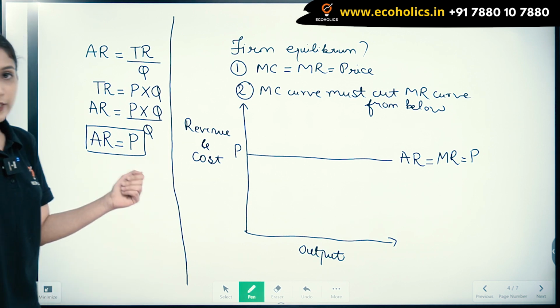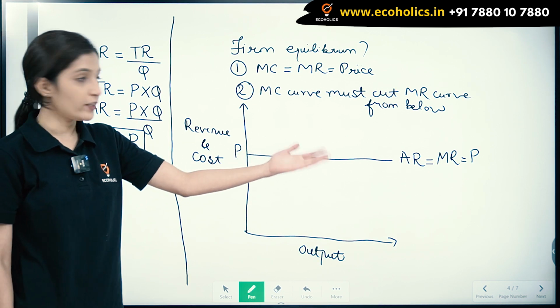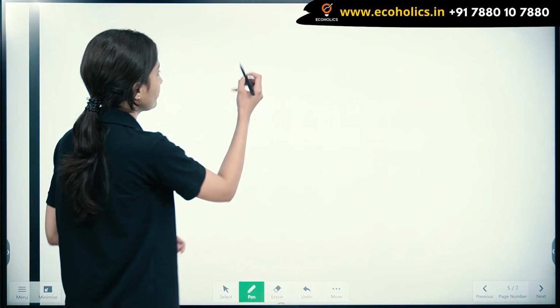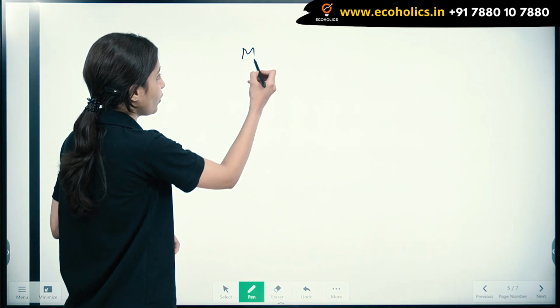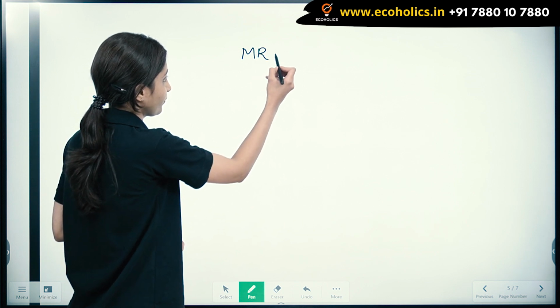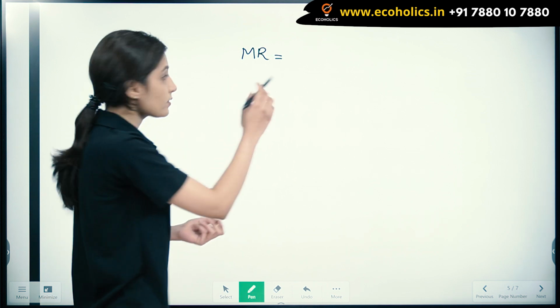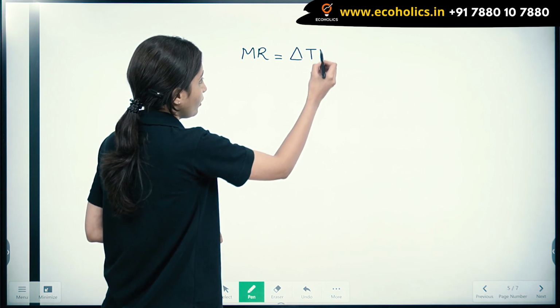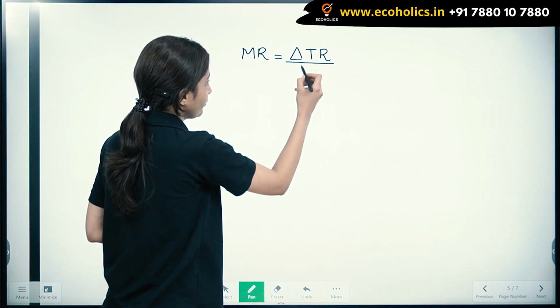Now, let's also understand why our MR is equal to P. What is MR? MR is the change in total revenue.